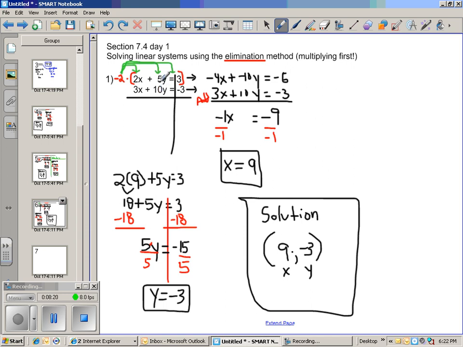In this case, 5 and 10. 10 is the least common multiple, so negative 2 times 5 allowed me to turn this part right here into a negative 10, and then when I added the two linear equations, the y's canceled out, and we were left with one variable remaining, which we were able to solve and then substitute in to find the other variable.